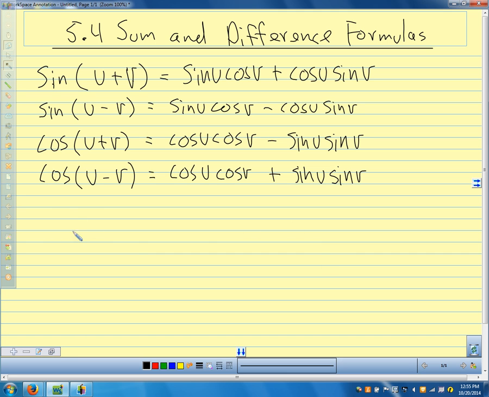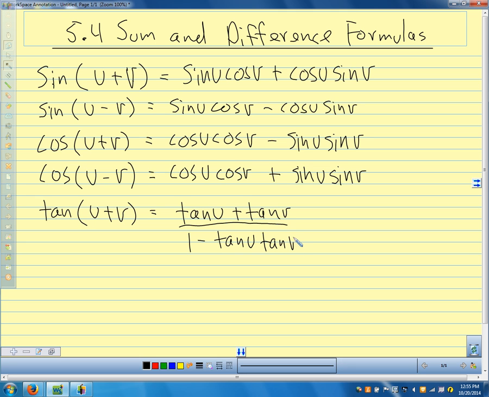All right, and then the sum and difference formulas for tangents, I would give you. I'll write those on the board for the test, because they're a little more complicated. Tangent of u plus v equals tangent u plus tangent v over 1 minus tangent u tangent v.